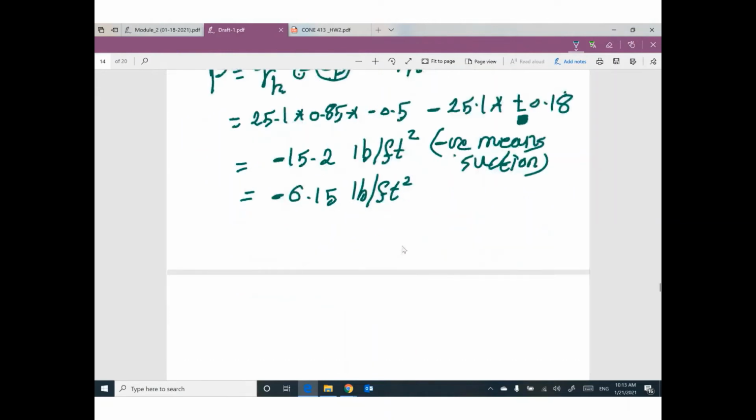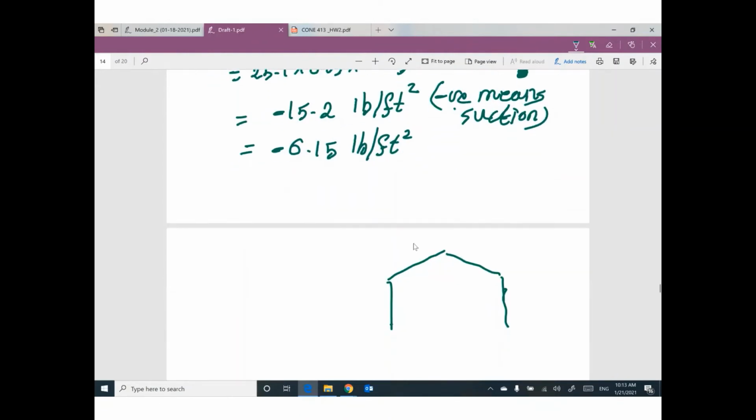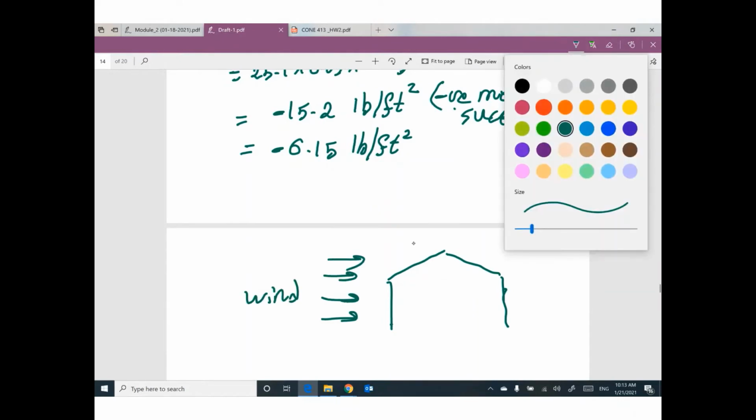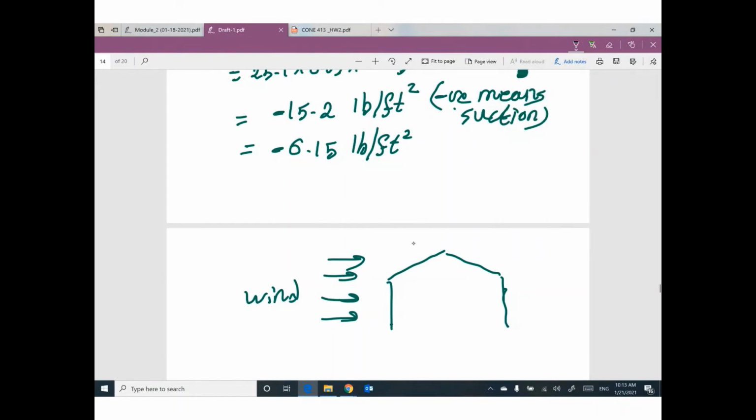So here is the building. The wind direction is coming from this side. I'm talking about the leeward. This one, we will have a suction value.